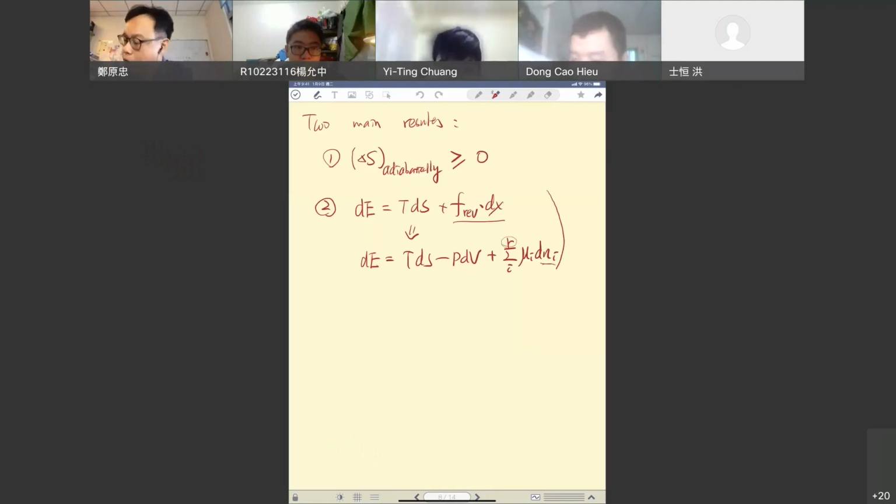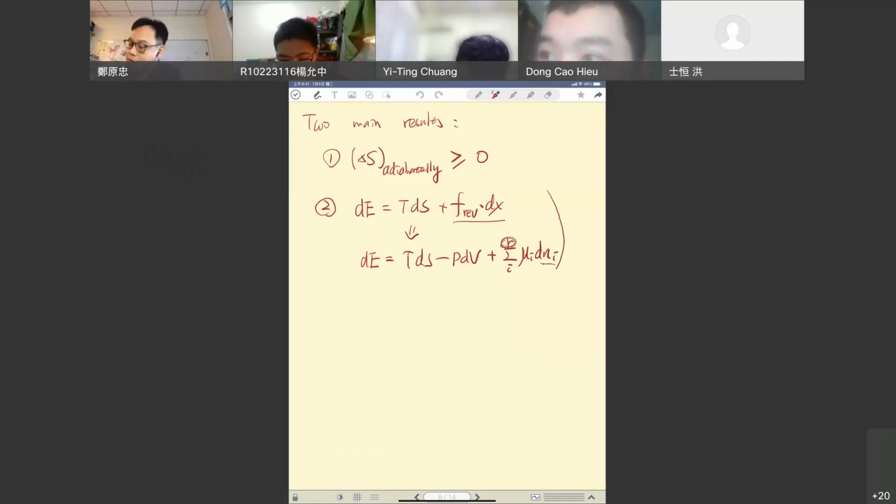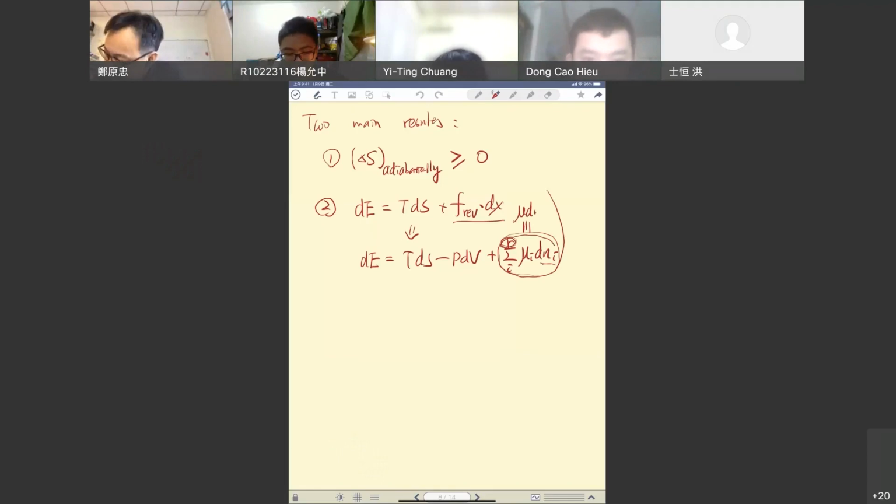Okay, so this R here is the number of chemical components in the system, and for simplicity, later on this part will simply be written as mu dN. It looks like it's for a one component system, with only one chemical potential and one change in the number of particles, but it can be easily generalized to multiple component systems. So I'm not going to write this summation all the time.